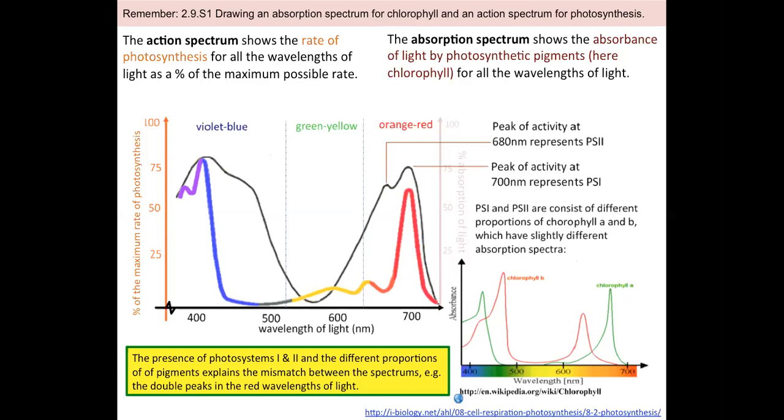Are we supposed to know the rough shape and position of the...? Yeah, that's a good question. It's good that you asked that, because I was also double checking to see if you needed to know this detail, and apparently not. I specifically looked at a mark scheme for a question that said draw the action spectrum of chlorophyll, and it said two peaks, one towards 400 and one towards 700-800.